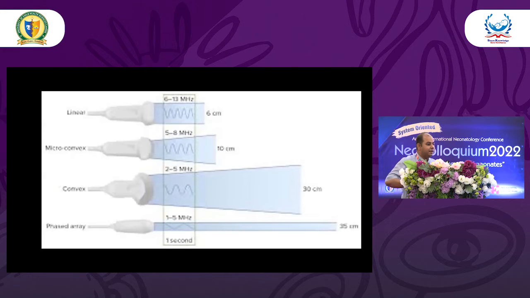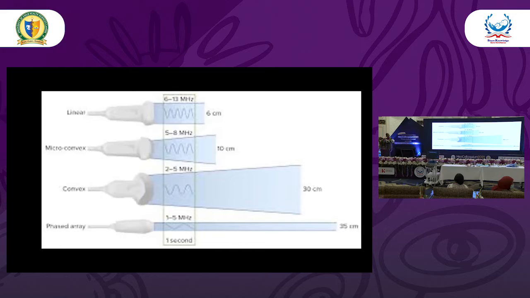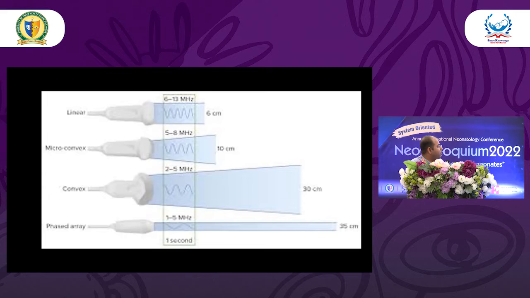This is an important slide to understand why we prefer a linear probe. It elaborates the depth of the echoes which it can transmit. You can see that the microconvex probe can transmit up to 30 centimeters. That's the frequency.